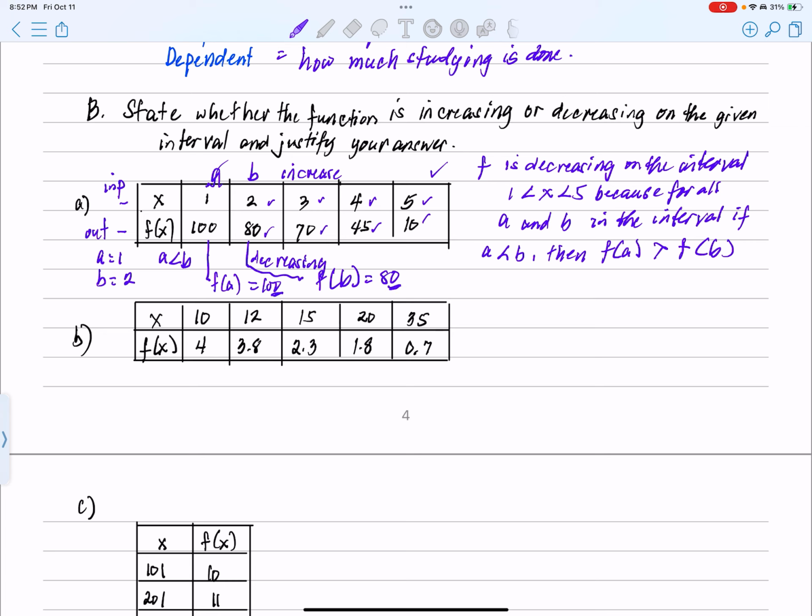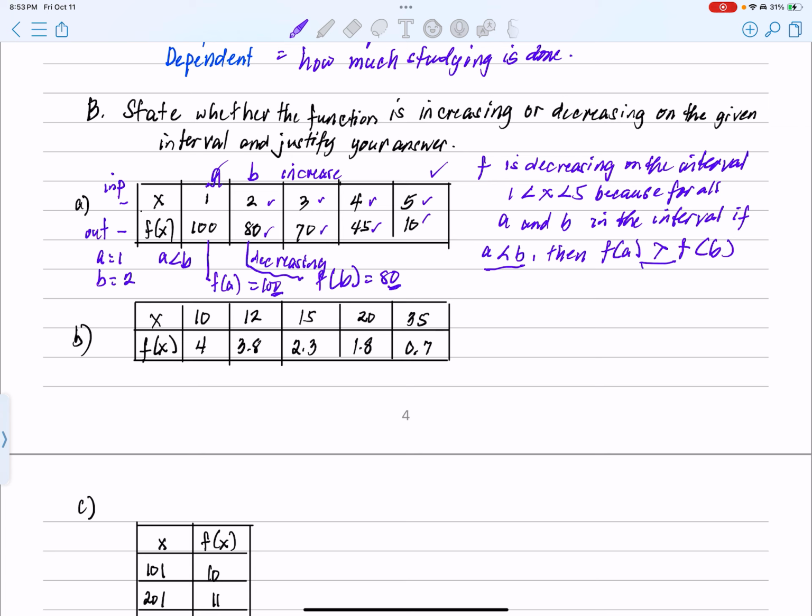So that means our function is decreasing. Our inputs, a less than b, but the function value is greater.